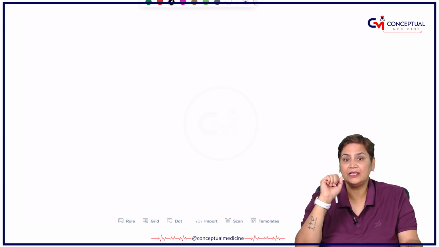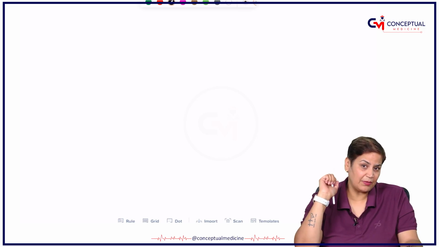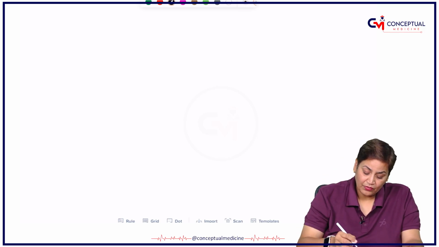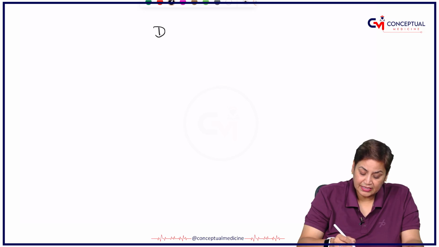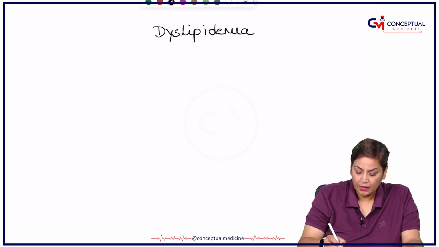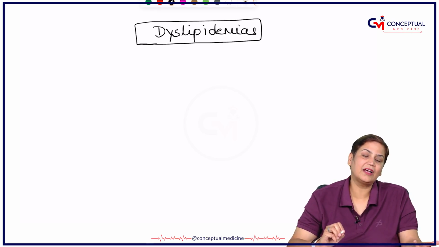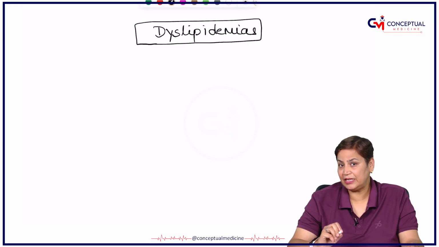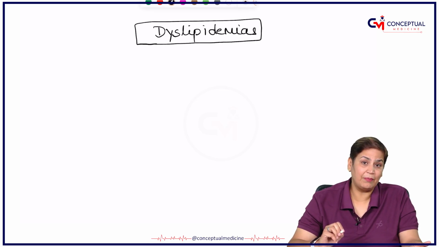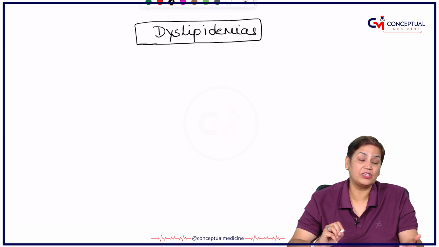Now the question arises, what are the different types of lipoproteins? Because in this video we will be discussing dyslipidemias. So what happens in the body when the concentration of any lipoprotein increases, or what happens when the concentration of lipoprotein decreases?